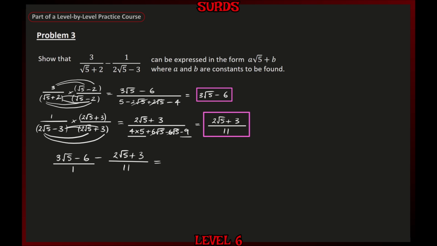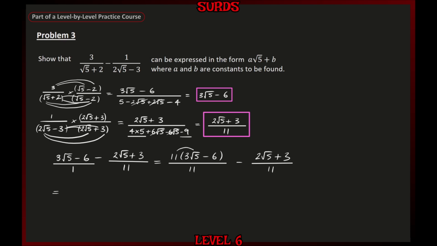So to make the first fraction have a denominator of 11, we can multiply top and bottom by 11. So we have 11 times 3 root 5 minus 6 all over 11 minus 2 root 5 plus 3 over 11. And now that the denominators are the same, we can collect them together. So I'm going to do this at the same time as expanding that first bracket.